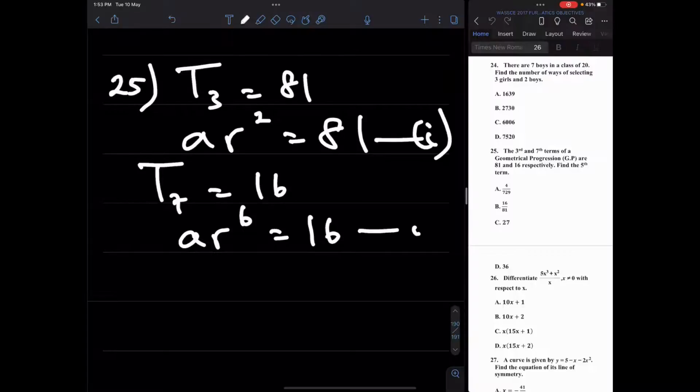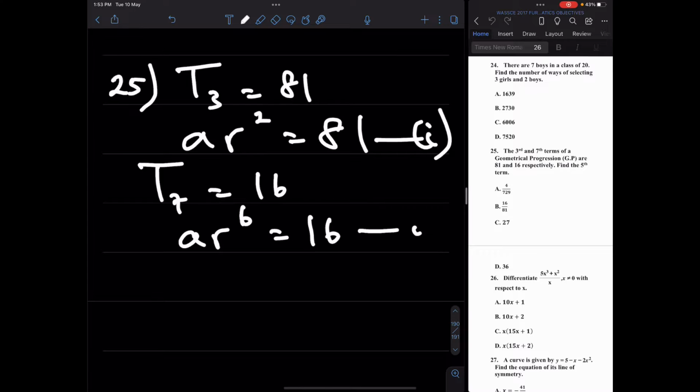Bringing minus 4x to the left hand side, it becomes plus 4x, equals minus 1. We divide both sides by 4 to get the value of x. That means x equals minus 1 over 4, and that's the equation of the line of symmetry of the curve. Therefore, the correct option is B, x equals minus 1 over 4. We go straight to the next, number 28.